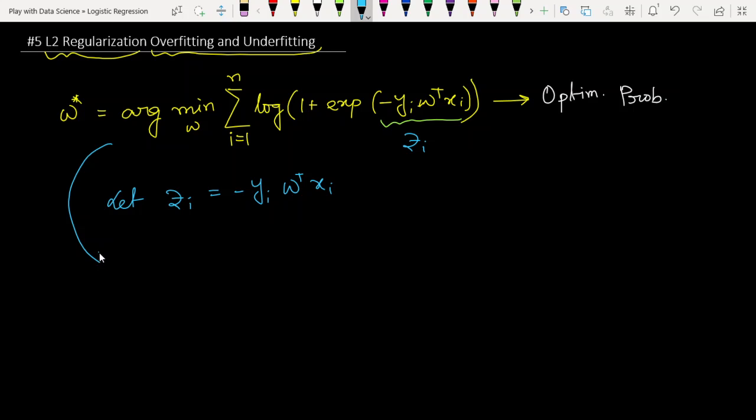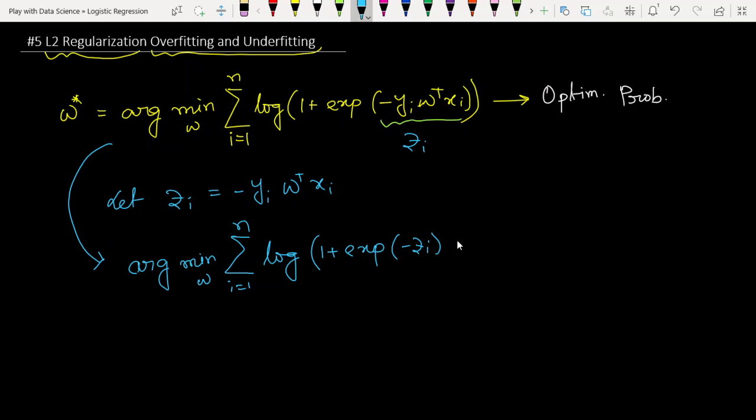So what will our term be then? After applying zi, our term will be the minimum over W of the sum for i equals 1 to n of log of 1 plus exponential of minus zi. That is our signed distance.